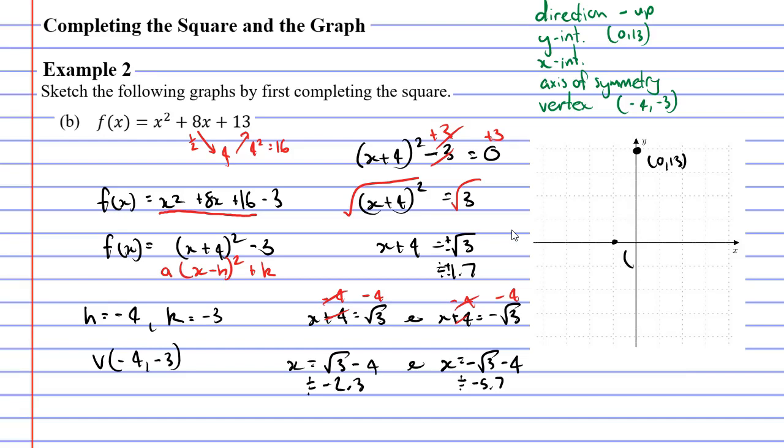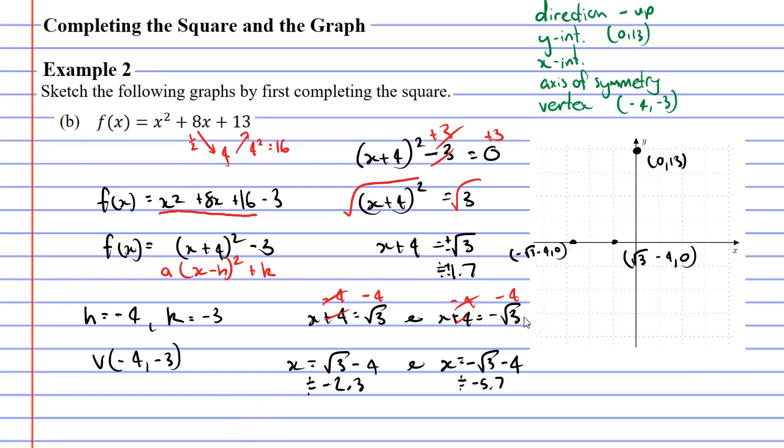But when I label it, I'm going to label it in exact form: root 3 minus 4, 0. So we use the decimal to help us plot the point, but we use the exact form when we label that point. I also have negative 5.7. I'm going to plot that here, but I'm going to label it as negative root 3 minus 4, 0.